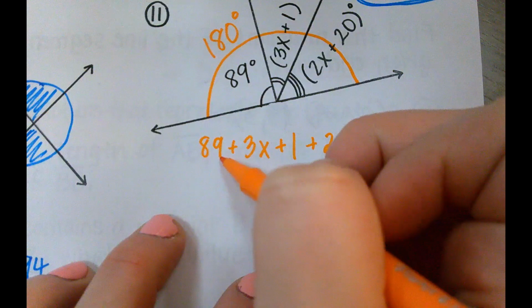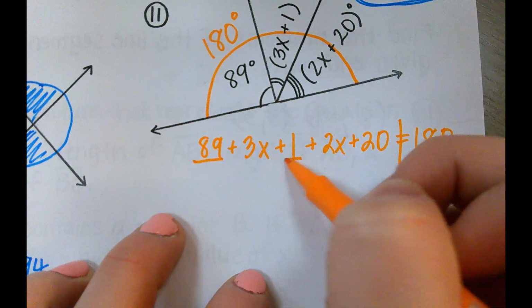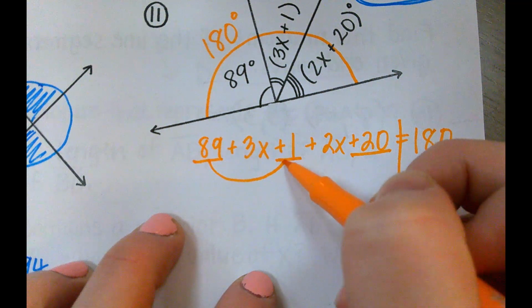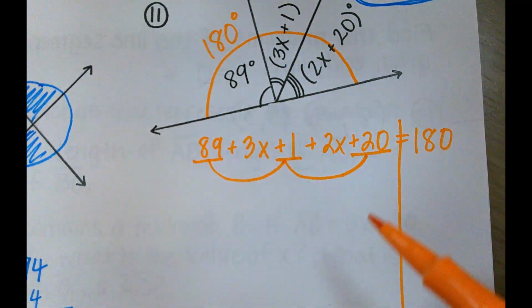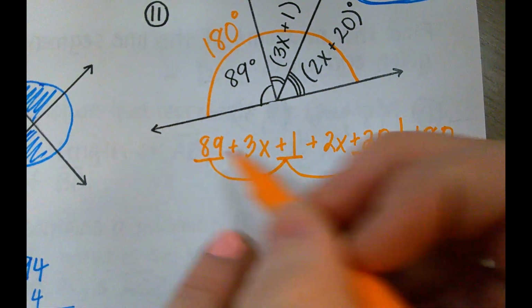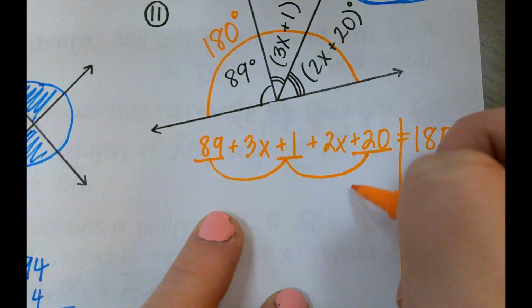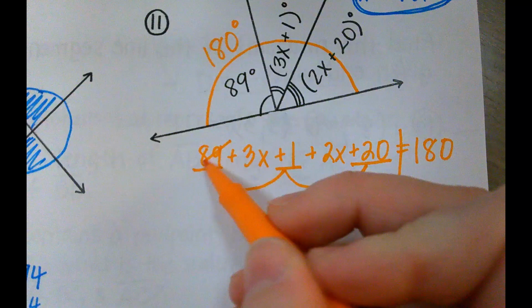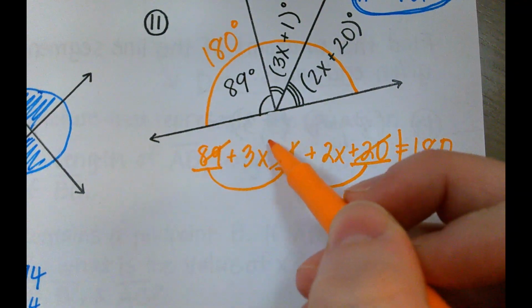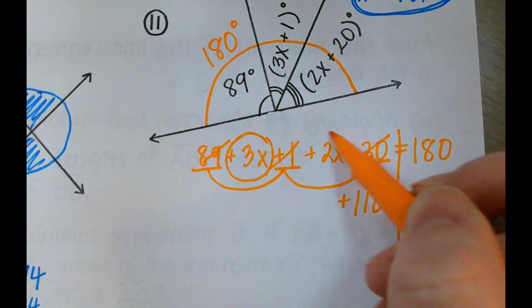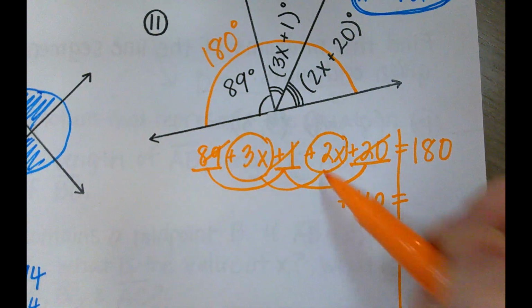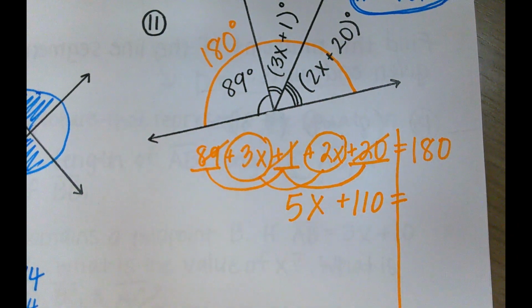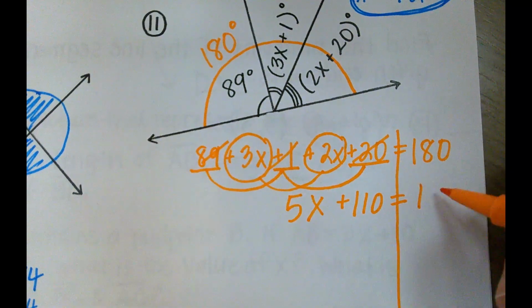I'll start at that 89. I've got 1. I've got 20. So 89, 1, and 20 gives me 110. Those are the like terms. And then 3x plus 2x is 5x. So 110 plus 5x equals 180.